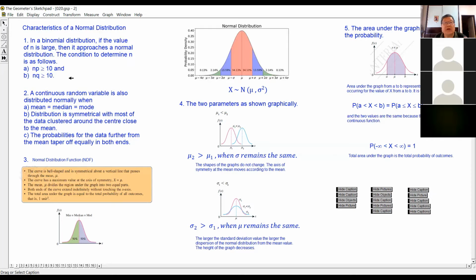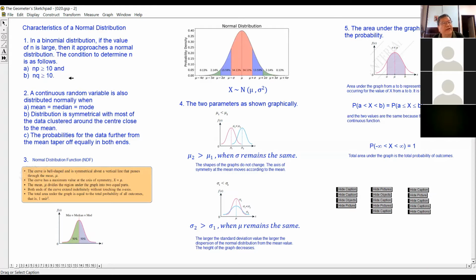You cannot just take one, np greater than 10, and say it can be translated as a normal distribution. No, you have to check also the value of nq. If nq is also bigger than 10, then you can use a normal distribution to approximate the binomial distribution. That is the first characteristic.